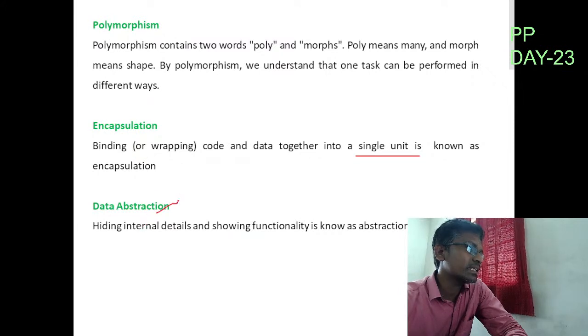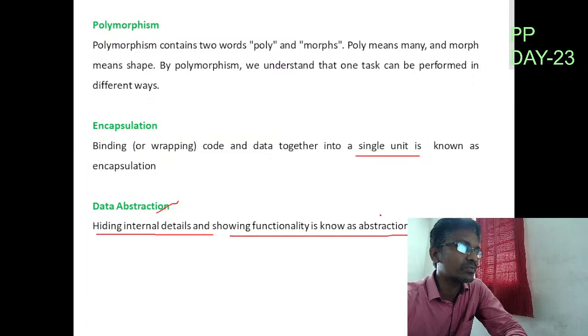And what is data abstraction? Data abstraction is nothing but hiding the internal details and showing the functionality. It will hide the internal details, but show the main details. For example, take an ATM.